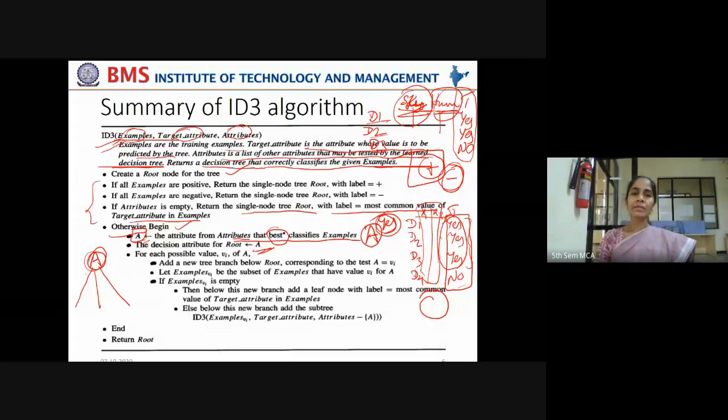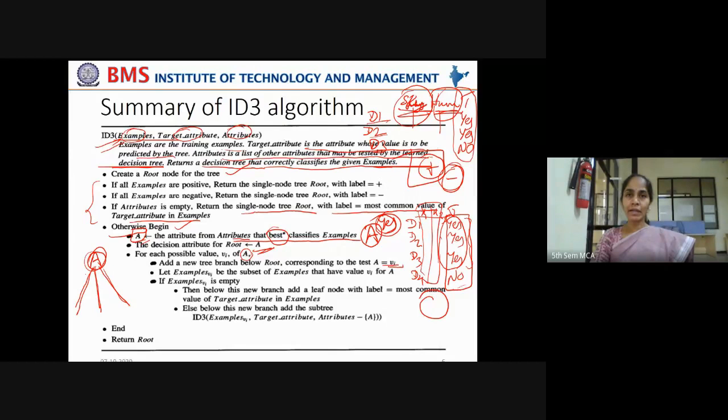branches, right? For each possible value Vi, here we have three values of income level A. Now, for this, add a new tree branch below the root. I added already this branch and this branch, corresponding to the test A equal to Vi.